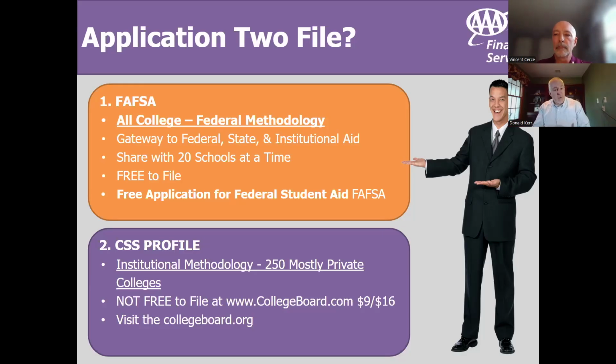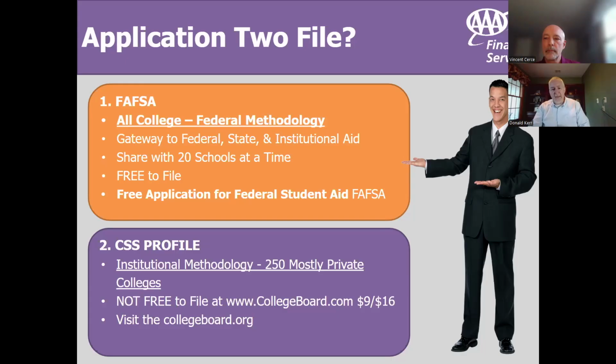If you're not sure if you need to fill out the second form or not, there's two easy ways to find out. Number one, you can visit the college's website. Just simply go to their financial aid section. They will list that you need to fill out the CSS profile form. Or you can go directly to the College Board website, and under the CSS profile section, they have a listing in alphabetical order of all the colleges that want this form filled out.